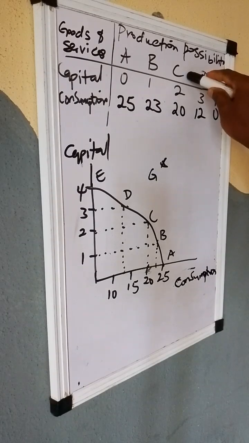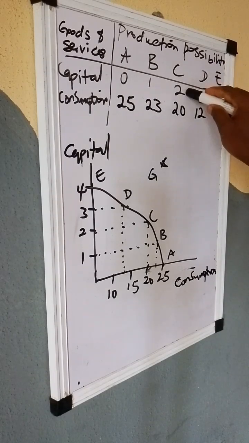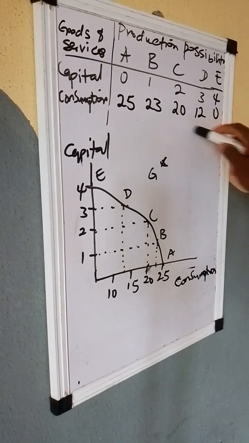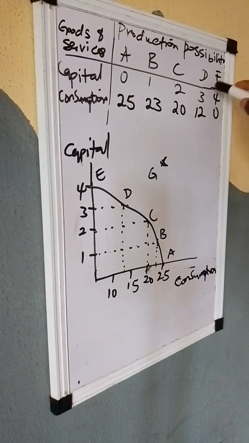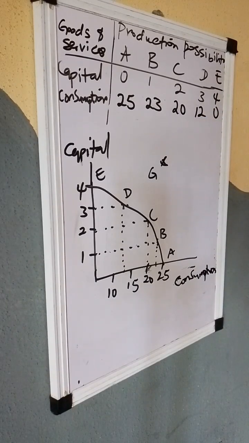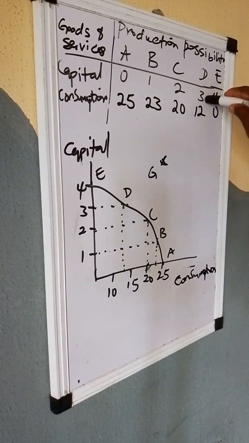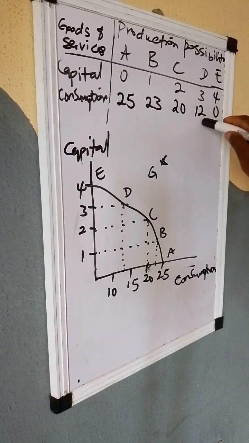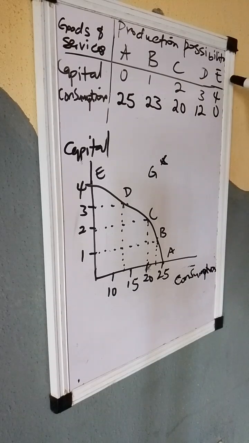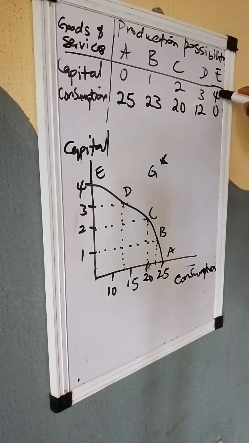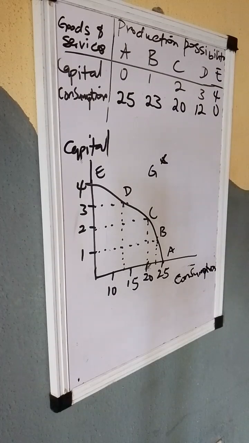Then at C combination, the country was able to produce 2 capital goods and 20 consumption goods. At combination D, the country was able to produce 3 capital goods and 12 consumption goods. Then at combination E, the country was able to produce 4 capital goods and 0 consumption goods.